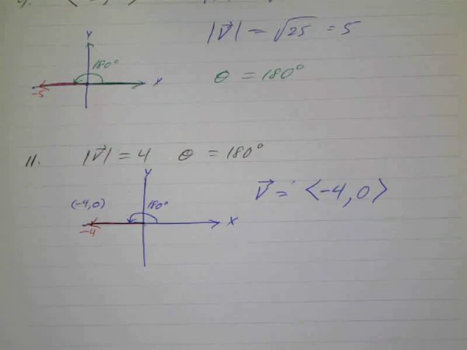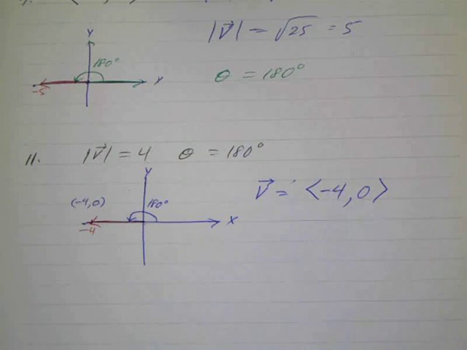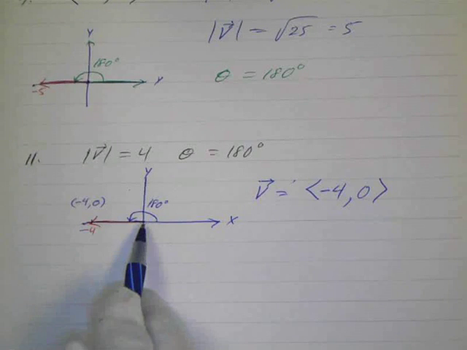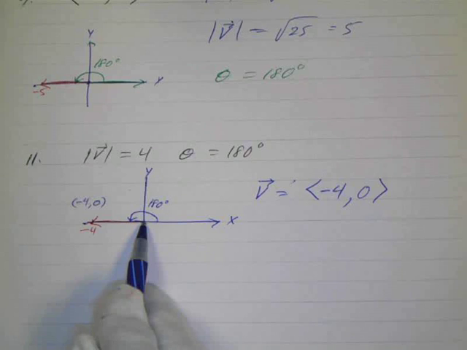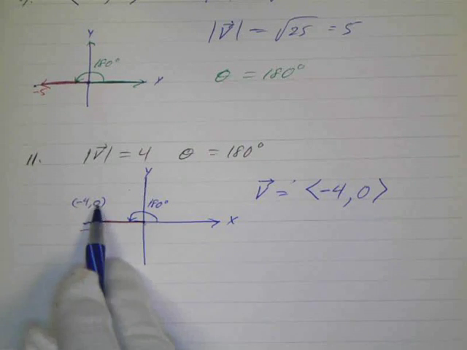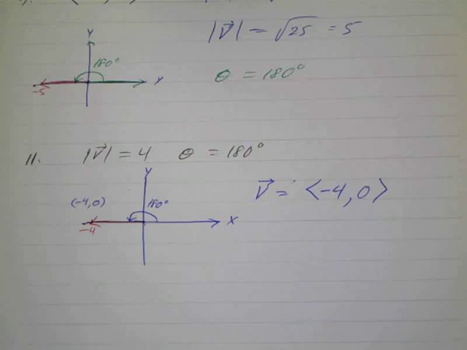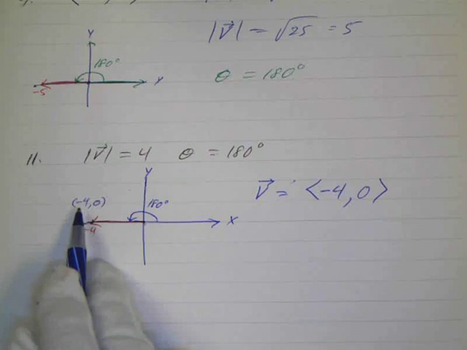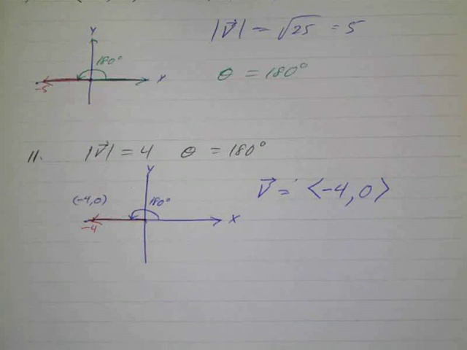That's what it would be in the vector form. When it's in what we call the standard representation, that's when the tail is at the origin, then the coordinates will also be the same thing as the components because they represent the horizontal displacement and the vertical displacement. Okay? So that's number 11.